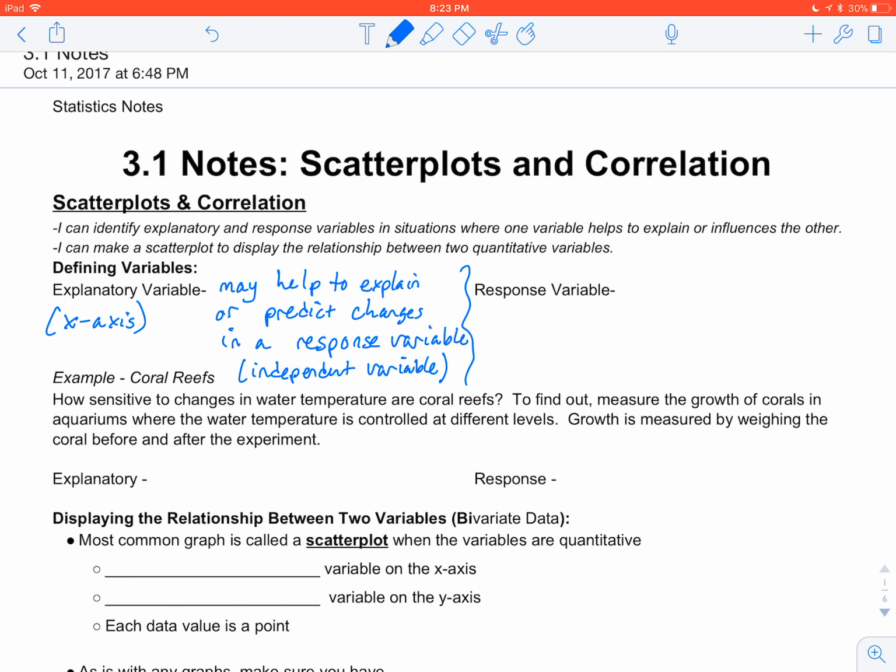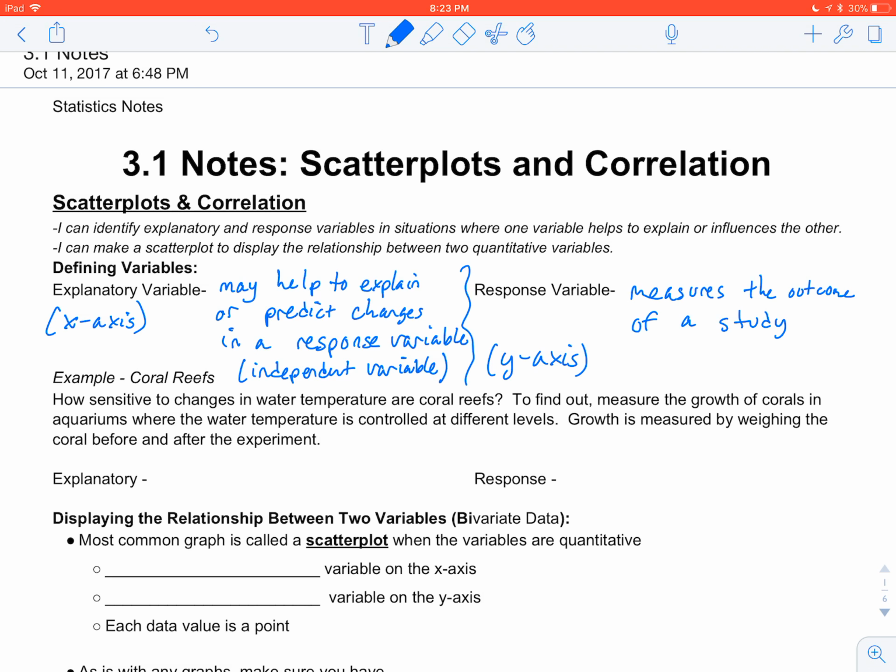Your response variable measures the outcome of a study. This always appears in your y-axis.